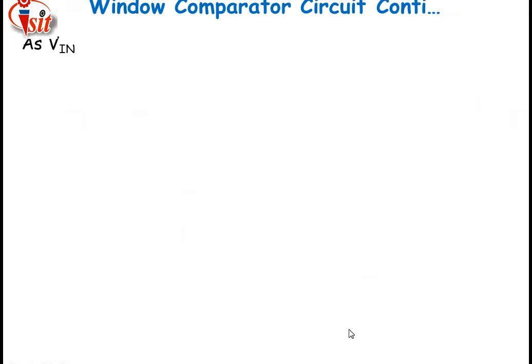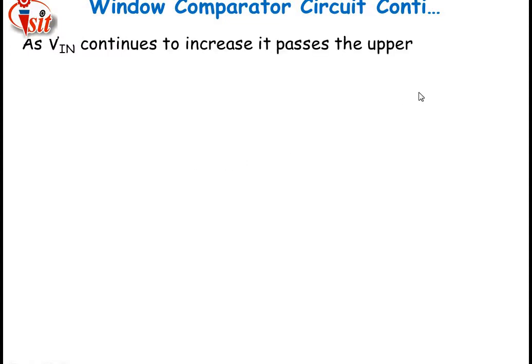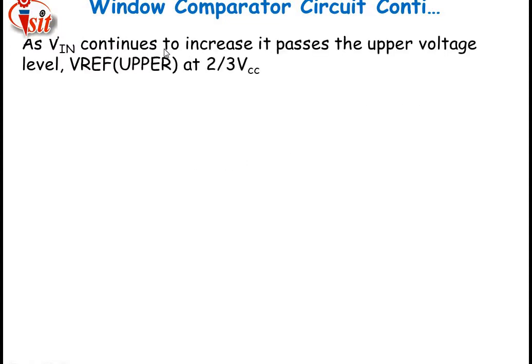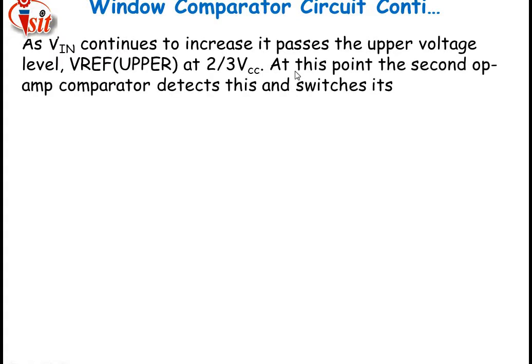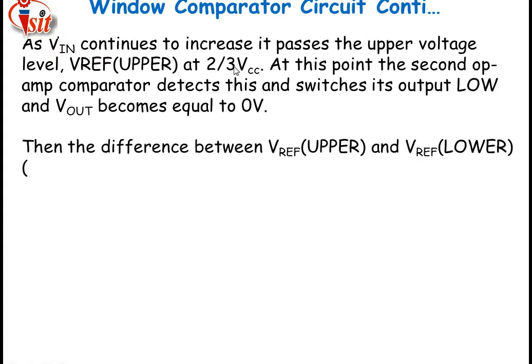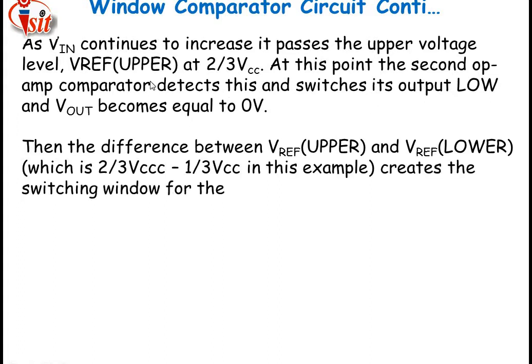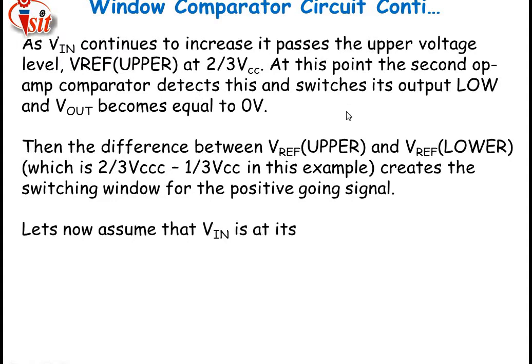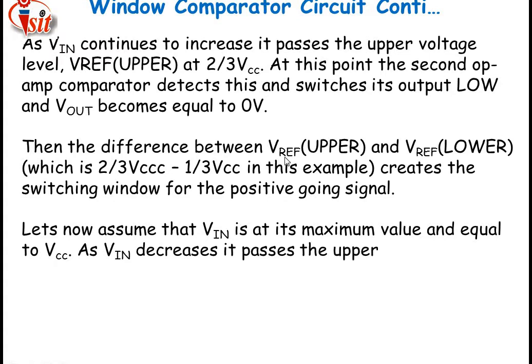What this window comparator circuit says is that as Vin continues to increase, it passes the upper voltage level, the V reference upper threshold voltage level, which is 2/3 of VCC. At this point the second op-amp comparator detects this and switches its output low, and Vout becomes equal to 0 volts.